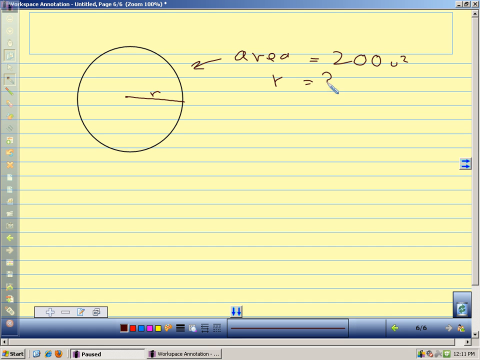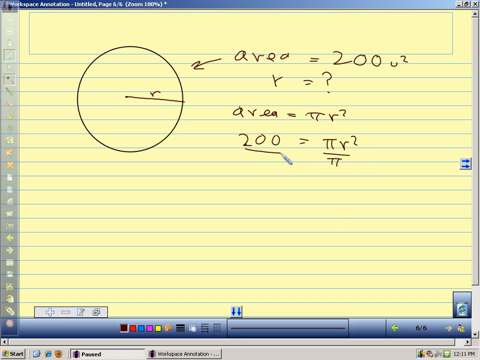How do I find the radius of that circle? What's our formula for the area of a circle? Pi r squared. So area equals pi r squared. Let's plug this in for the area. 200 equals pi r squared.